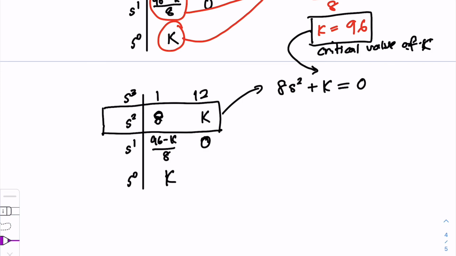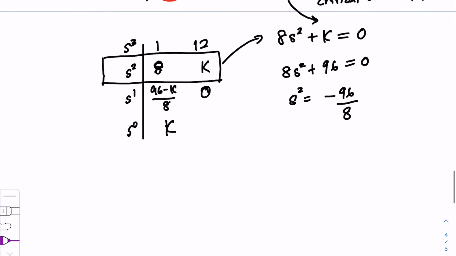Then I will solve for my S squared, then I will solve for my S, and that S will give me plus minus because it's quadratic.